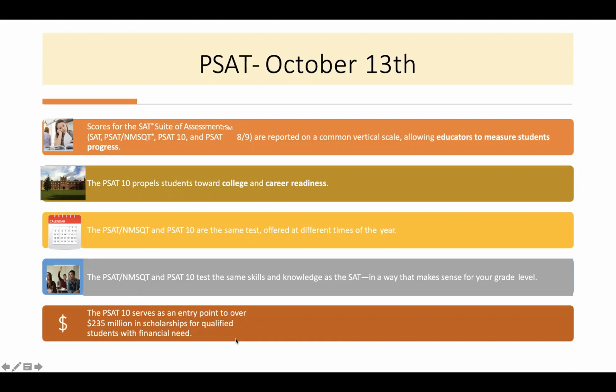So one thing that the PSAT also does is it allows you to compete for scholarships. When you take the PSAT as a junior, there's something called the Merit Scholarship, which is a coveted scholarship, because if you get in the top like 3%, there's a certain percentage that they calculate every year.